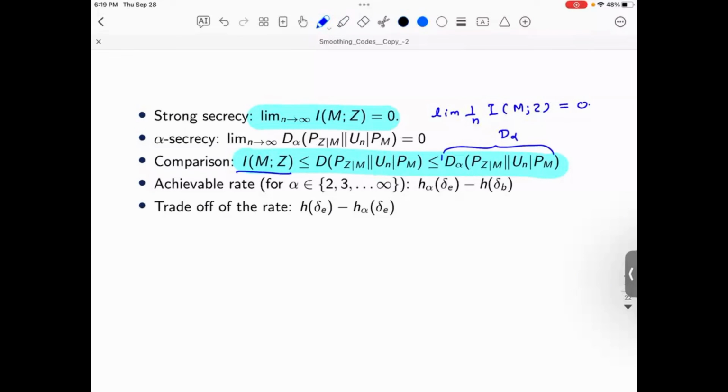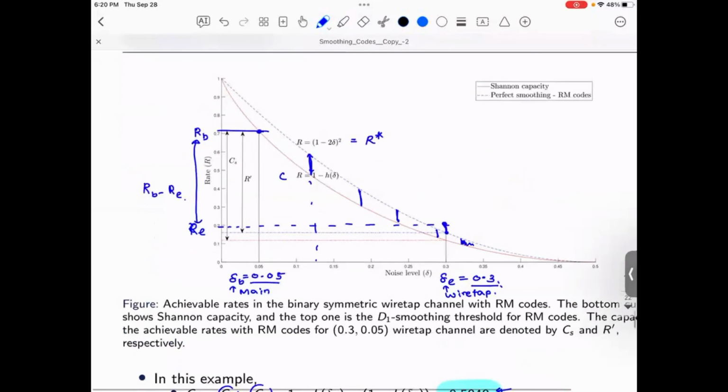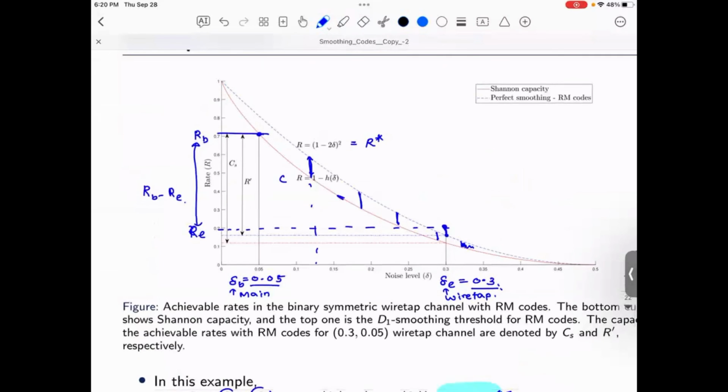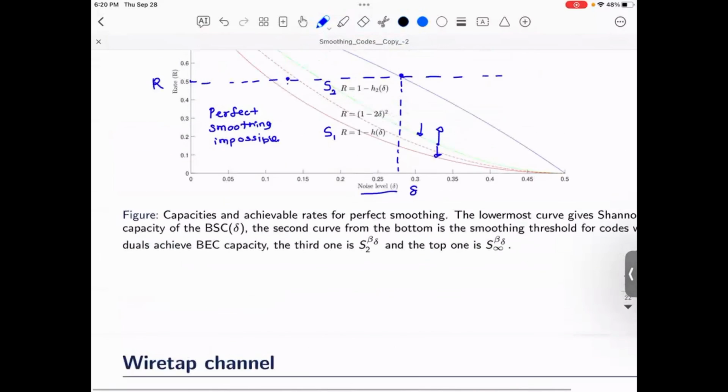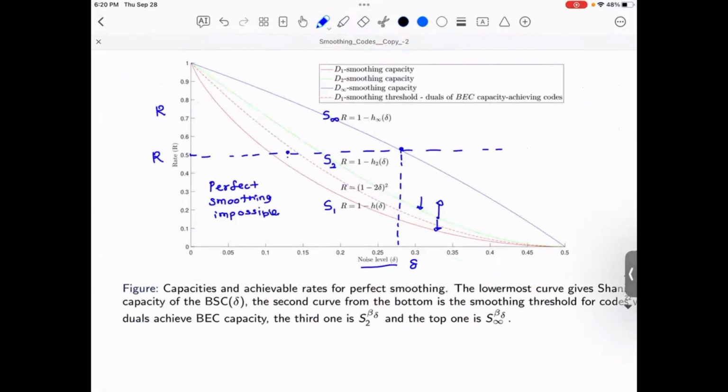So this is a stronger notion of secrecy, and we call it alpha secrecy. Since we are going for a stronger notion, we have to trade off some rate. We had this capacity line, but we are replacing that curve with something that lies above, something like this or this.